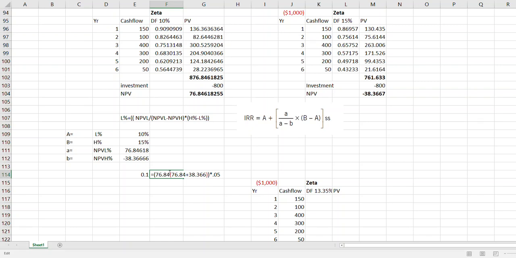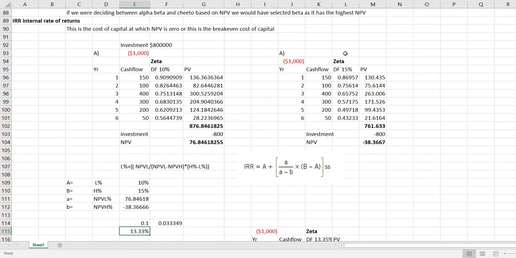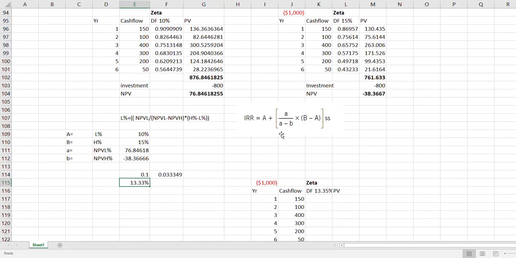Okay, I haven't put the divide sign. So 0.33. Now take this and add with it, so do this part first and then add with that. So we have 13.13%. And which is what we expected the answer to be. Like this formula as well, just like our correlation coefficient formula, it either gives you right answer or it gives you wrong answer. So we know that it is correct.